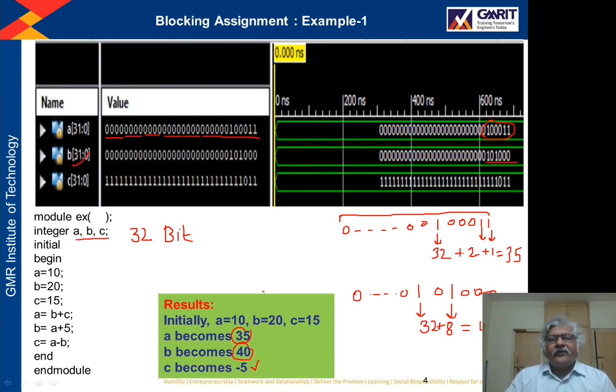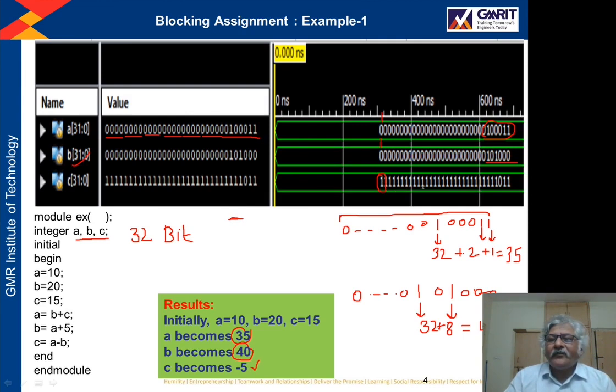Minus 5 is represented in the complement method. Okay, so see here this MSB. This MSB is 1, right? We know that in signed numbers, all the numbers are represented as signed values. So an MSB of 0 indicates that the number is positive, and a 1 at the MSB indicates that the number is negative, right?